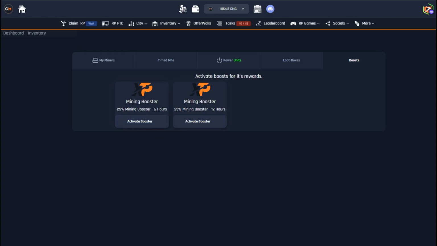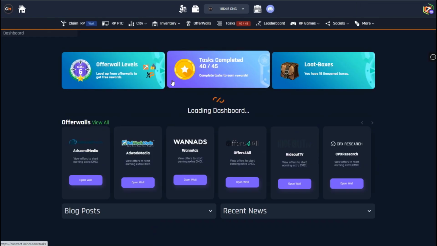But if you can't stack them, I would say just use them one at a time until you definitely know. Obviously you wouldn't get 50%, you'd still be 25%, but I'm wondering if you can stack the hours. Anyway, so we're going to activate that. So boost is now active. Go back here.